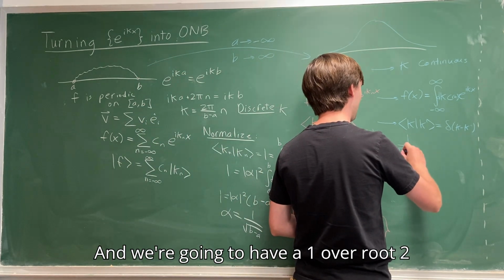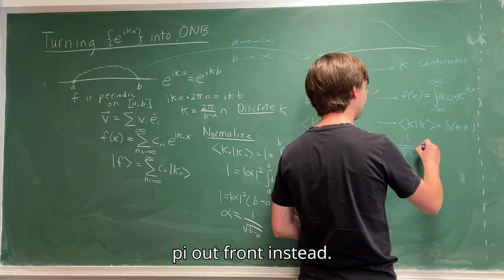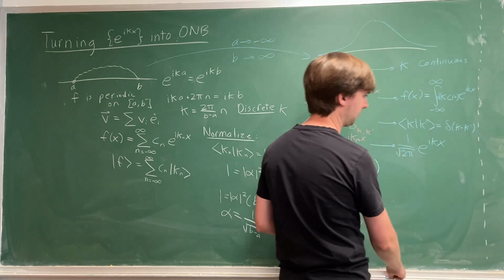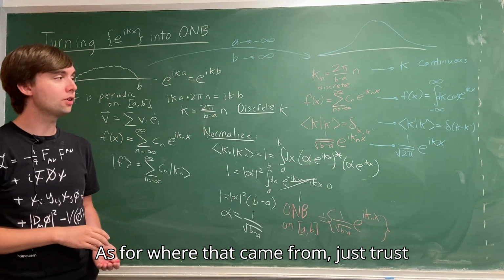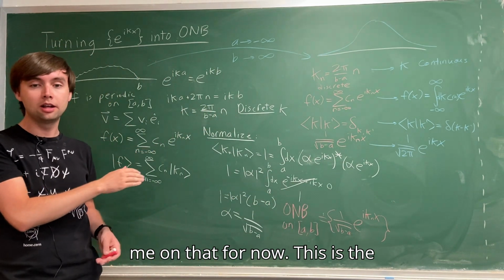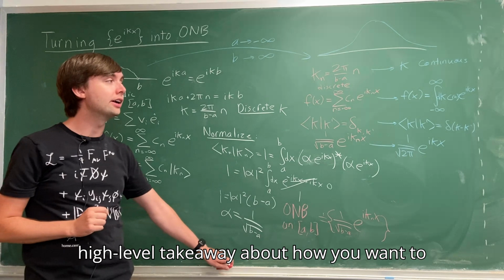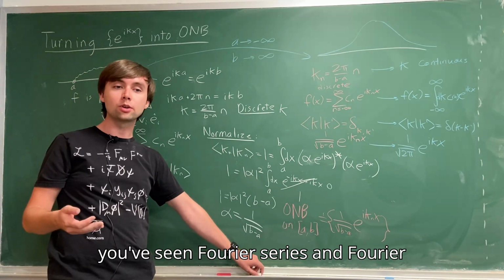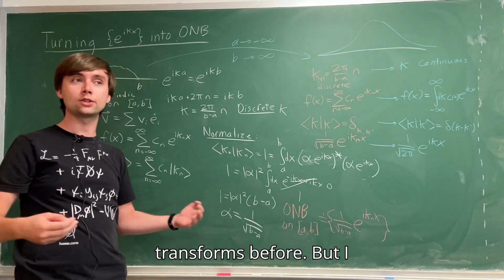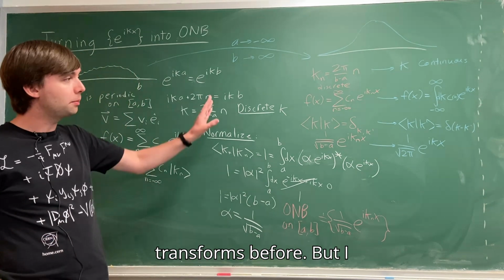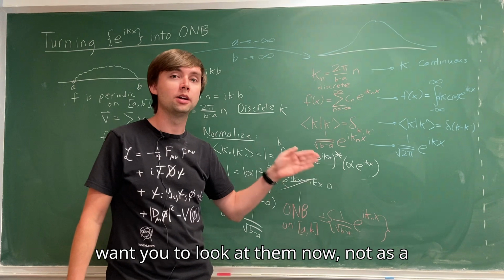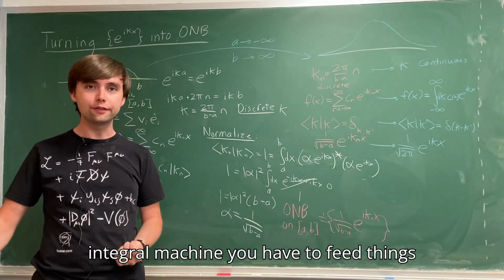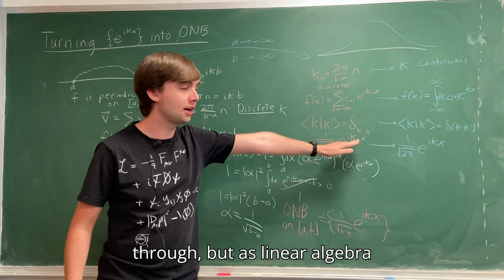And we're going to have a 1 over root 2 pi out front instead. As for where that came from, just trust me on that for now. This is the high-level takeaway about how you want to think about these things. So I know that you've seen Fourier series and Fourier transforms before, but I want you to look at them now not as a giant table of integrals or a big integral machine you have to feed things through, but as linear algebra techniques.